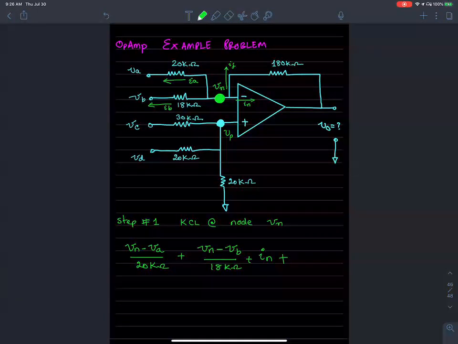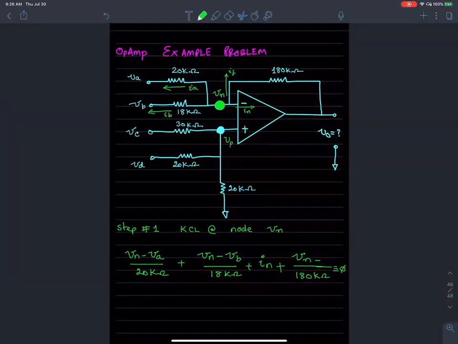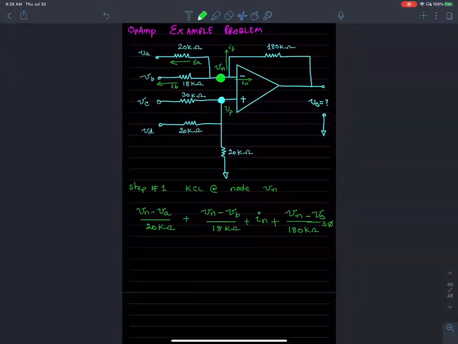We have seen this In go to zero over and over again, plus Vn over 180 kilo ohms, all of that equals zero. Does that make sense? No, it shouldn't. There's a mistake in here. It's Vn minus Vo over 180 kilo ohms. Correct, that's the current going north. So that's step one.